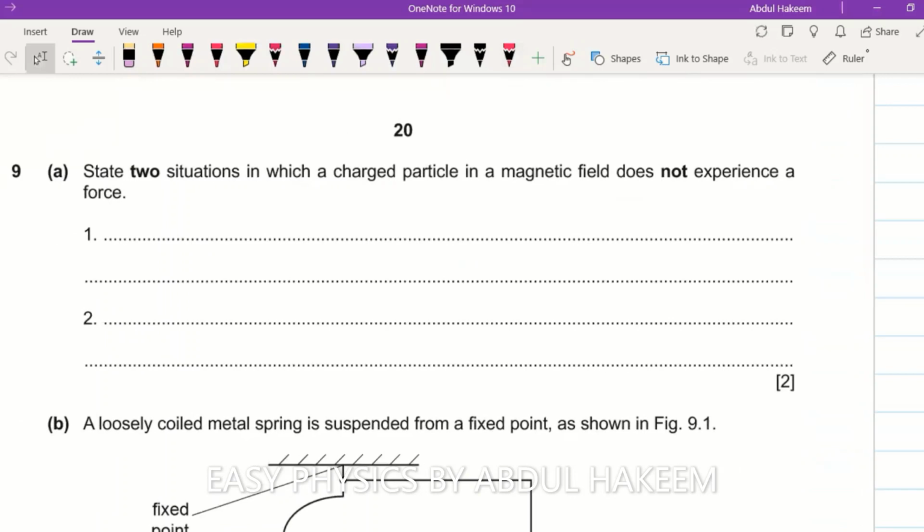Move to the next: state two situations in which a charged particle in a magnetic field does not experience a force. Simple: the charged particle is stationary.